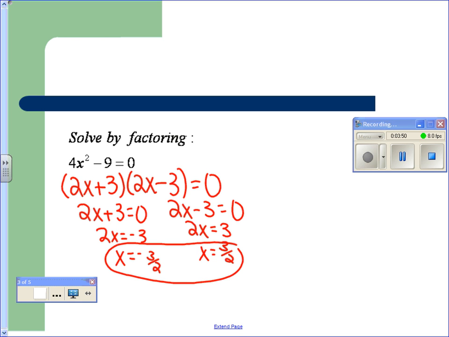If you only put one, it's going to be wrong. Negative 3 halves and 3 halves. This factors into 2x plus 3 and 2x minus 3. Take the square root of each of these. Any other questions on this one?